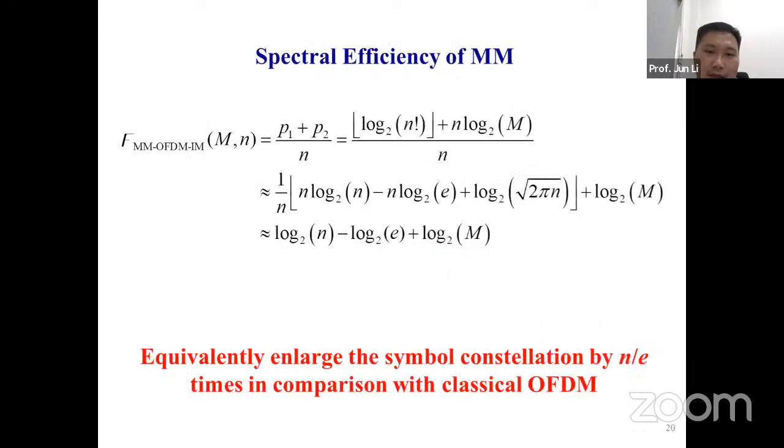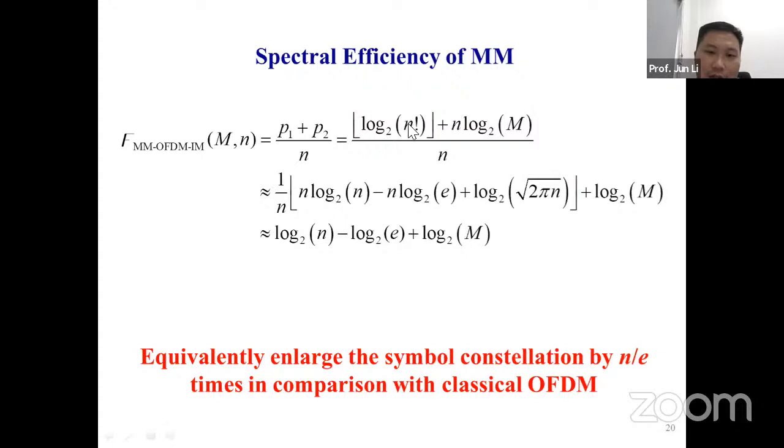This is the spectral efficiency of MM. The log2 n factorial is the number of combinations of the constellation permutations, right?